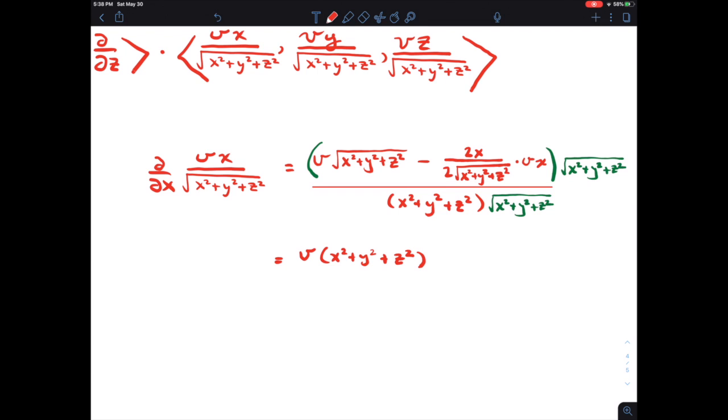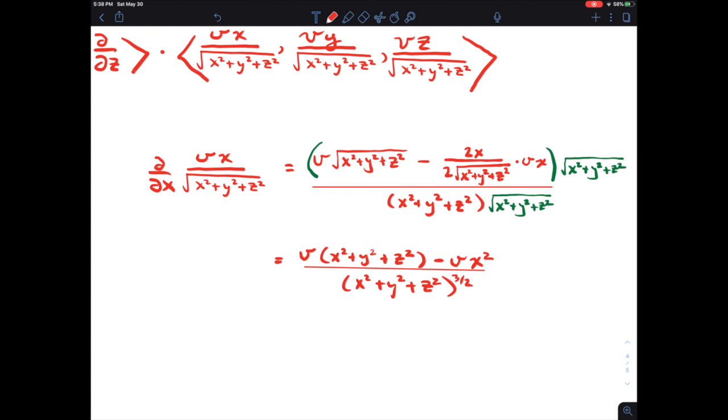And it looks like you just subtract out, the 2's cancel, you just subtract out a vx squared. And then the denominator simply is going to be x squared plus y squared plus z squared. I think that's going to be the 3/2 power.